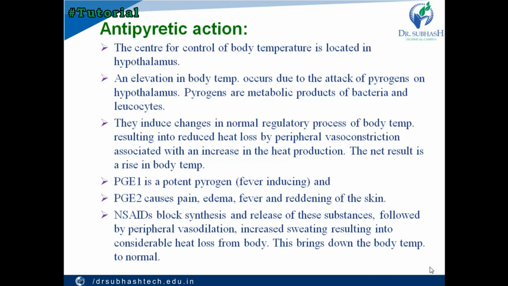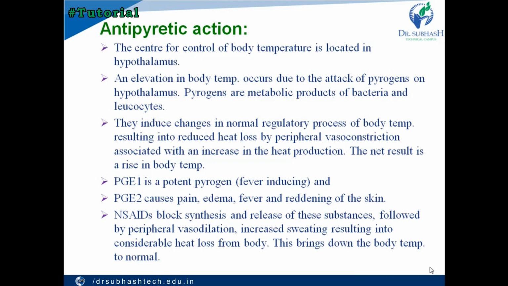Then we will see the antipyretic action of NSAIDs. Our body temperature is controlled by the hypothalamus part of our brain, and pyrogens are metabolic products of bacteria and leukocytes. Pyrogens attack the hypothalamus, and then our body temperature regulatory process is disturbed, and this disturbance produces fever.